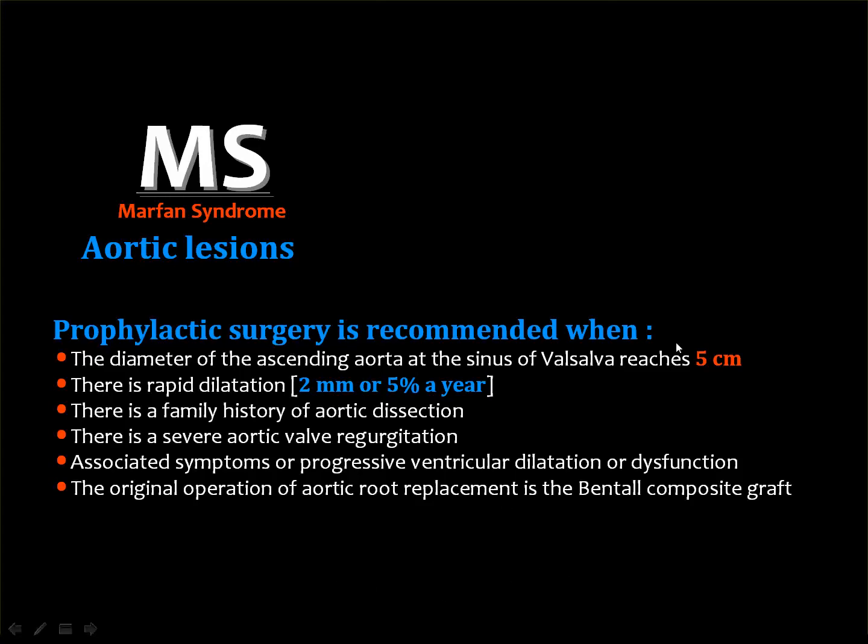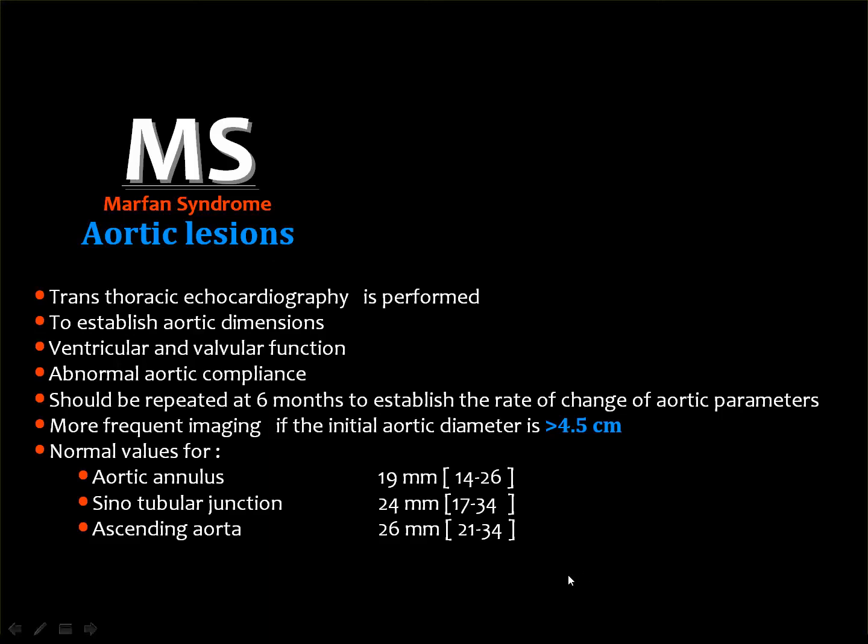This elective surgery is recommended when the diameter of the ascending aorta at the sinuses of Valsalva is 5 centimeters, there is rapid dilatation of 2 millimeters or 5% of the dilated lumen per year, there is a family history of aortic dissection, there is severe aortic valve regurgitation, or there are associated symptoms or progressive ventricular dilatation or dysfunction. This operation is known as the Bentall operation. I will show the diagram showing the operation itself.